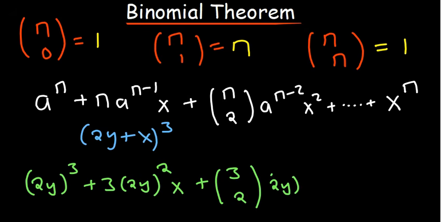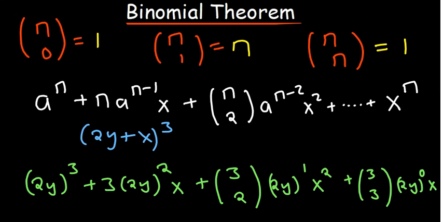At this point it is raised to the power 3 minus 2, which is just 1. And then your x will match up to be the power 2. And then for the last part you have 3 choose 3, which I already explained is just the same as 1, but I will show it for the sake of your understanding. And then 2y will be to the power 0, and then x will be to the power 3.